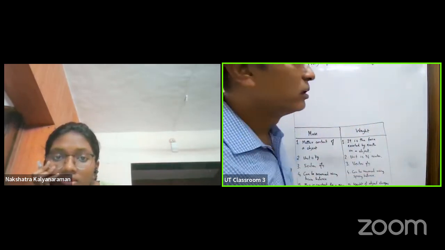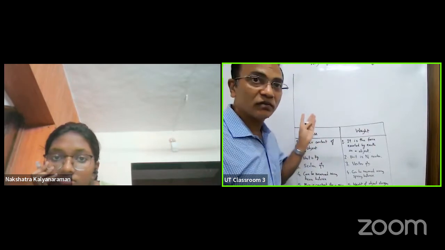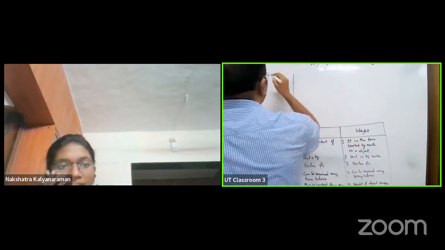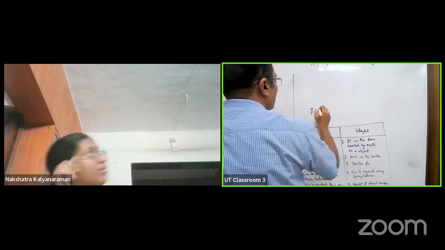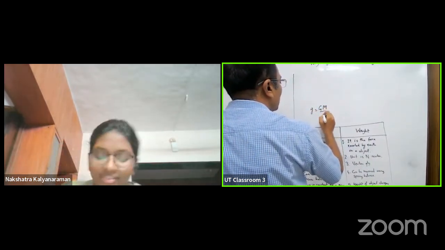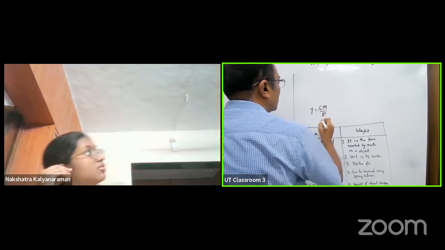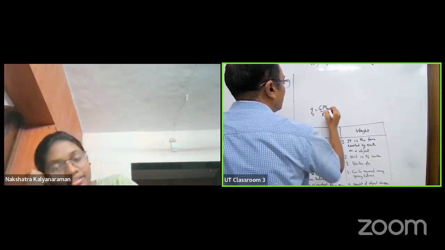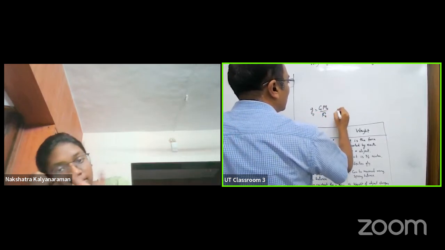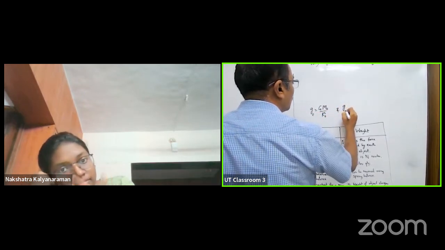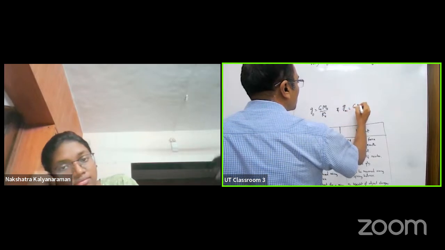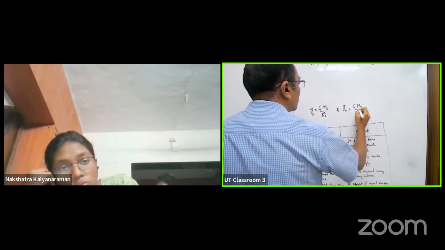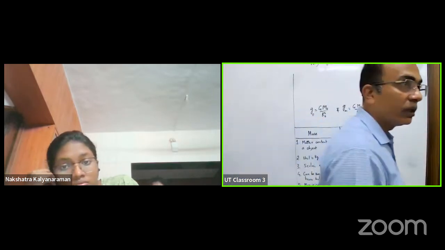Okay? This can be calculated by the same formula. So what was the formula for g? g is equal to GM upon R square. So you can find g on Earth as GMe by Re square, and g on the moon is equal to G times the mass of the moon divided by the radius of the moon square.